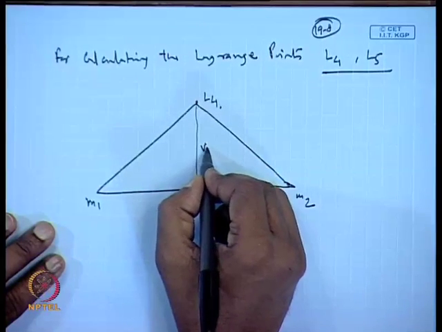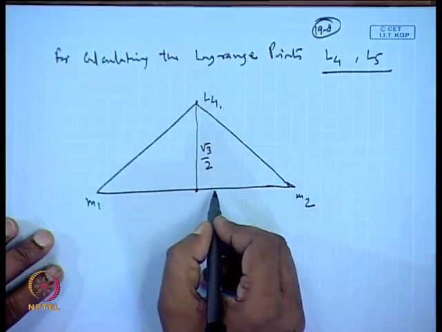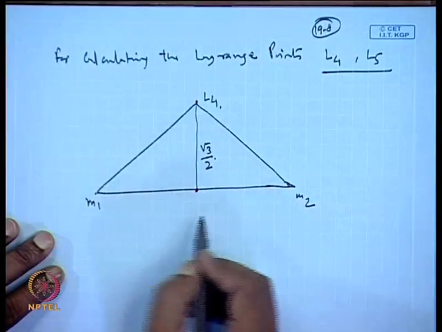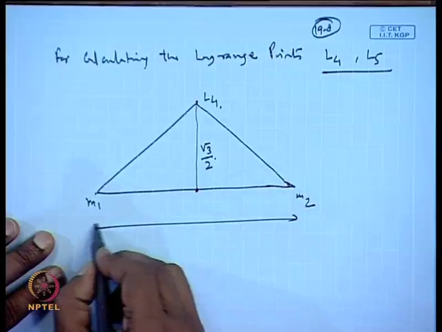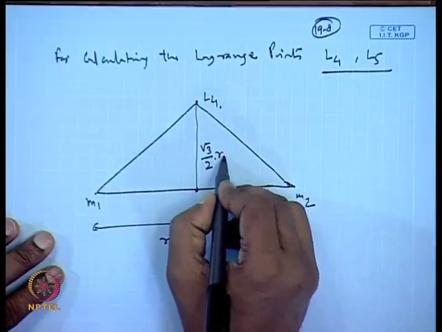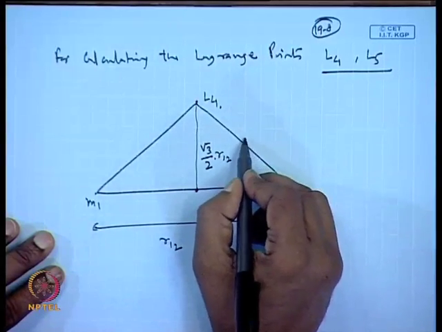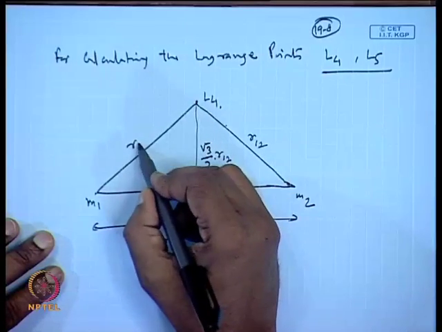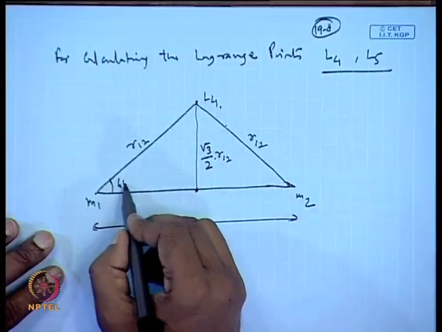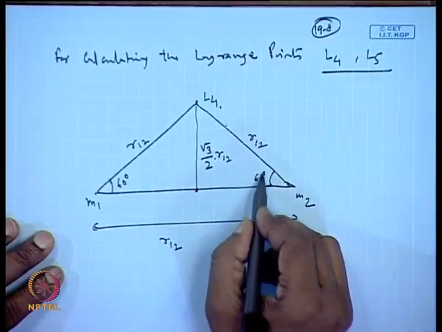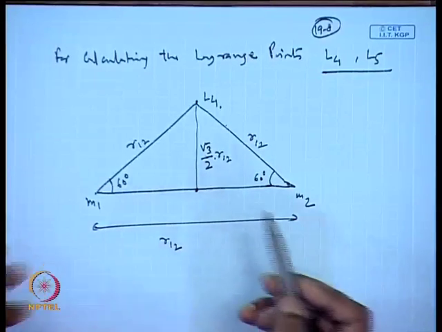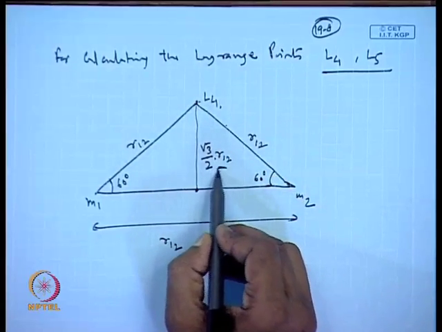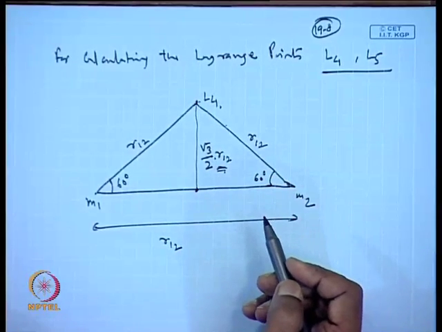So, we know this is root 3 by 2 on the normalized scale, and on the non normalized scale this is the distance r12. So, this becomes r12, and this distance from here to here is nothing but r12, and this is also r12. These angles are 60 degrees. Okay. So, it is very easy to work out where this L4 will be, if the distance r12 is known to us.